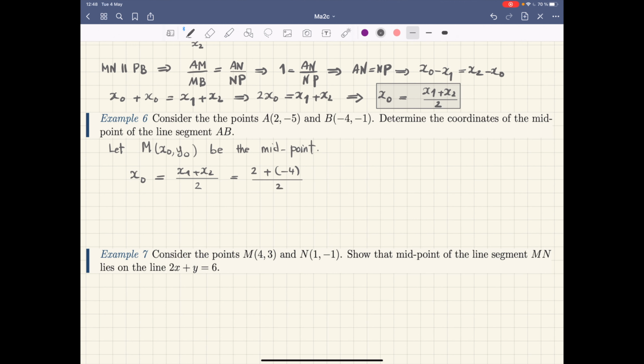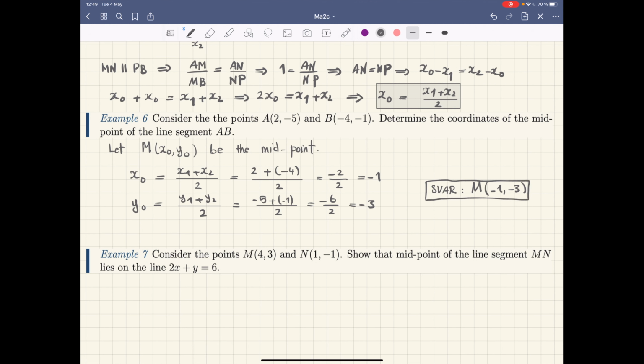And then you divide it by 2, so it becomes minus 2 divided by 2. It becomes minus 1. And y node, let us write the formula, (y1 plus y2) divided by 2. And then it becomes (minus 5 plus minus 1) divided by 2, which is what? Minus 6 divided by 2, which is minus 3. And then what you need to write as the answer, that's the point. So I would say M has coordinates (-1, -3). So that is just a very simple application of that formula.